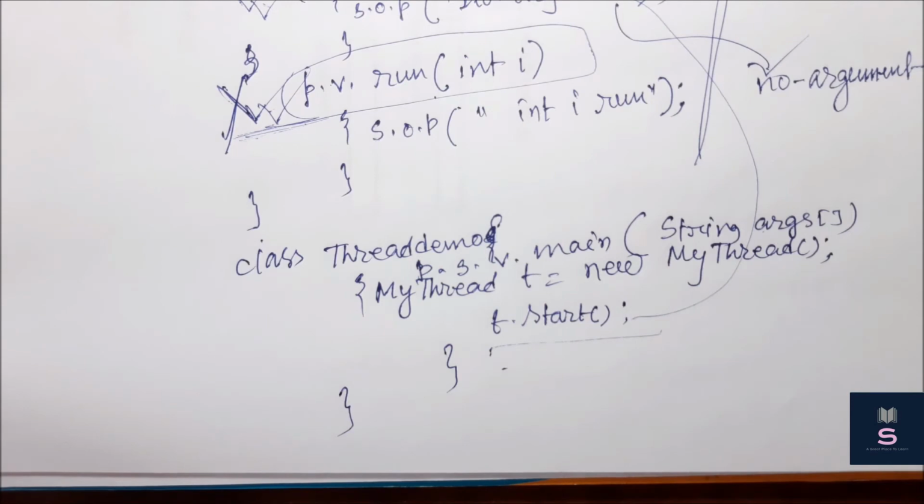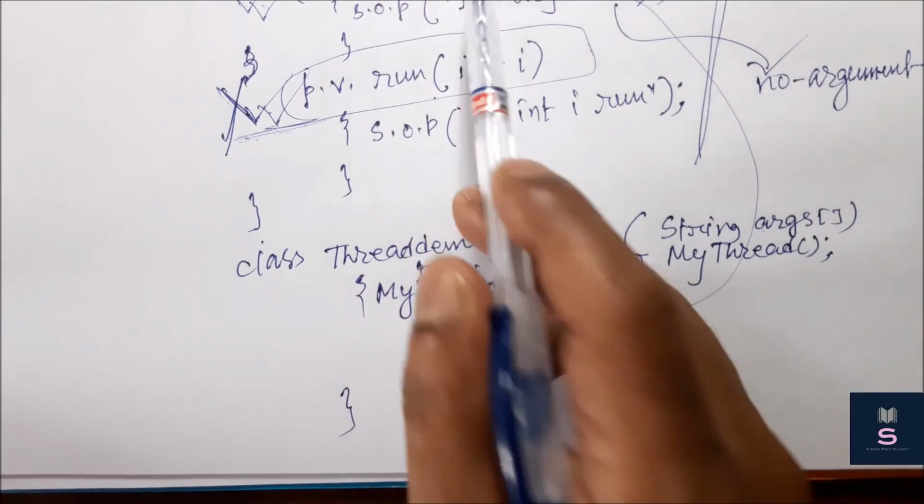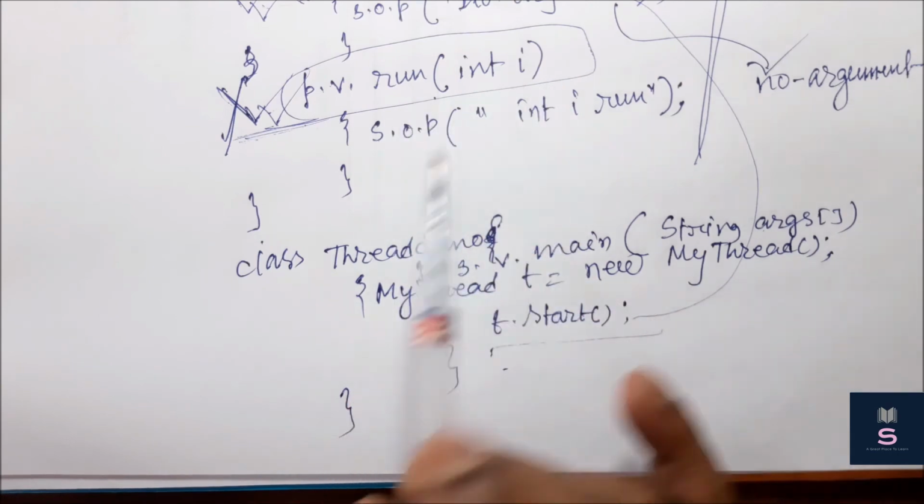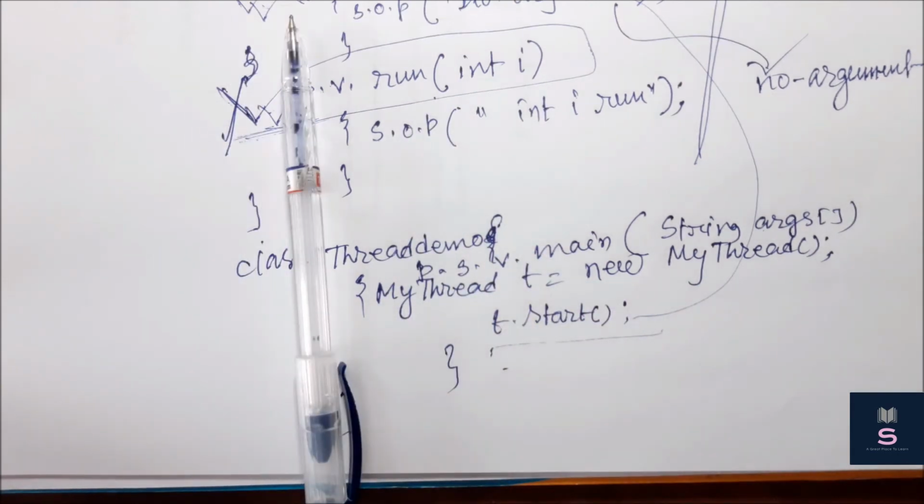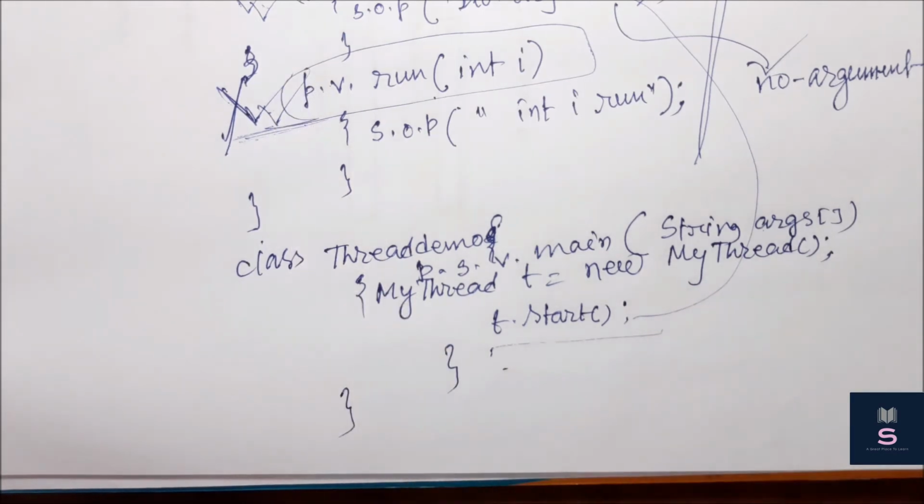That is the difference between the no-argument run method and the with-argument run method. So overloading is possible, but it will be treated as a normal method call. If I call the start method, it automatically calls the no-argument run method, not the with-argument run method. So this is the fourth point about this program.